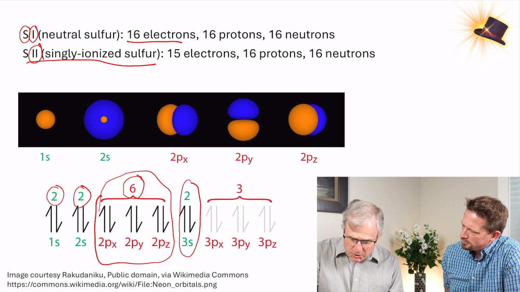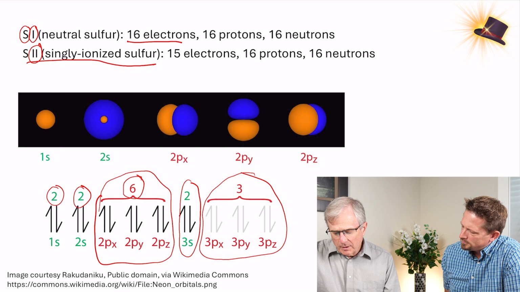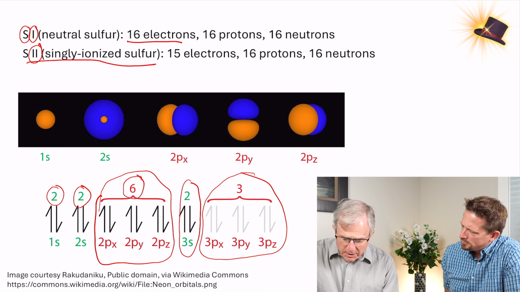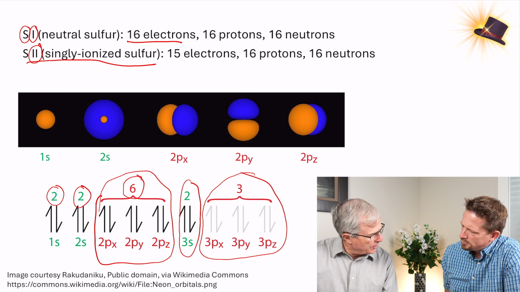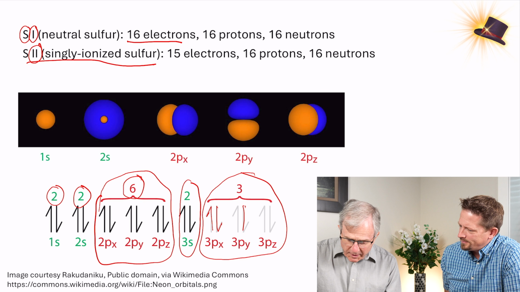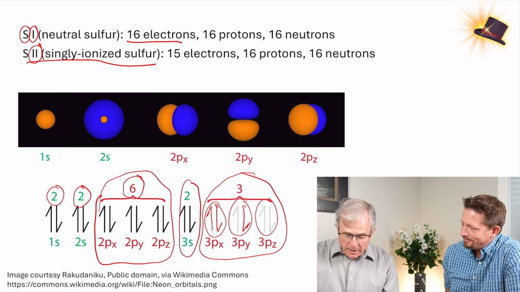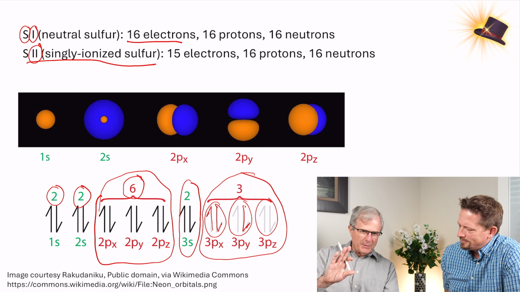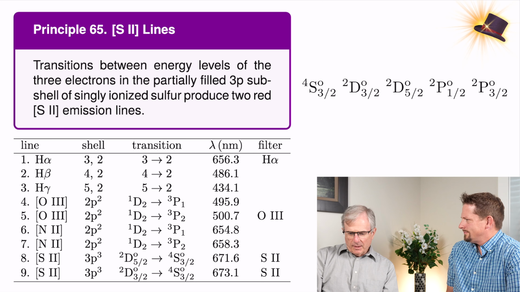Then you get 2 in the 3s, and then 3 in the 3p subshell. So you're going to take 3 electrons and decide where to put them amongst those 6 possibilities. That's the exciting part, because you can put 1 here and 1 here, or you can put 1 in this one, 1 in this one, and 1 in that one. The arrows in each case mean spin up or spin down electrons. Electrons come in 2 varieties that way. Again, it's quantum mechanics.